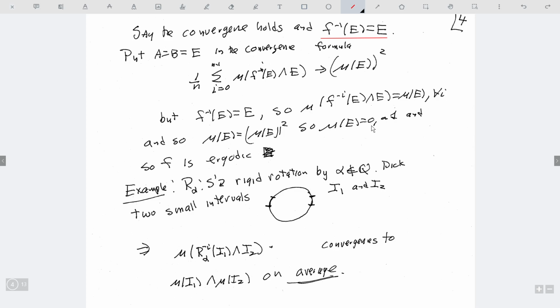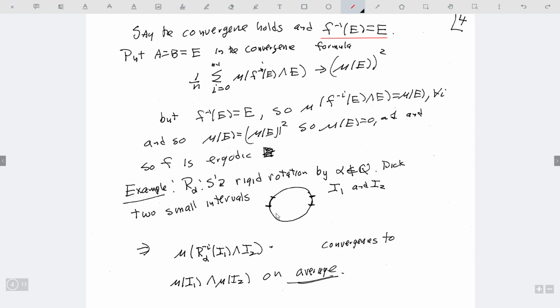So let's think about this in our simplest example. Let's do rigid rotation by an irrational amount. We proved that was ergodic using Fourier series, and pick two small intervals. If alpha takes us in this direction, minus alpha takes us backwards. It actually doesn't matter because of homeomorphism.